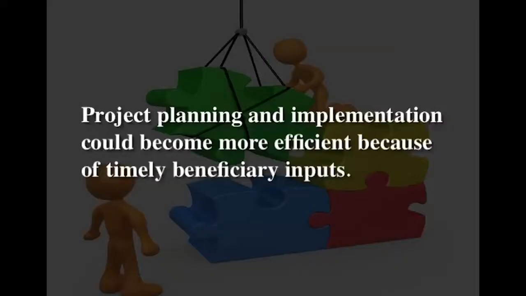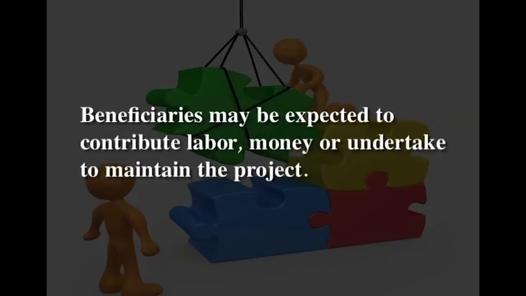Project planning and implementation could become more efficient because of timely beneficiary inputs. Beneficiaries may be expected to contribute labor, money, or undertake to maintain the project. People's participation could be used to promote agreement, cooperation, and interaction among beneficiaries and between them and the implementation agency of the project so that delays are reduced, a smoother flow of project services is achieved, and overall costs are minimized.